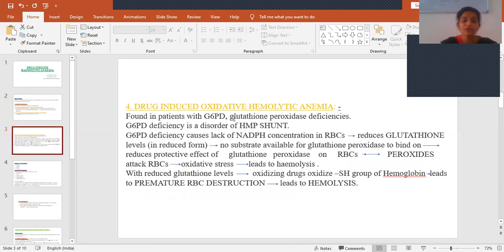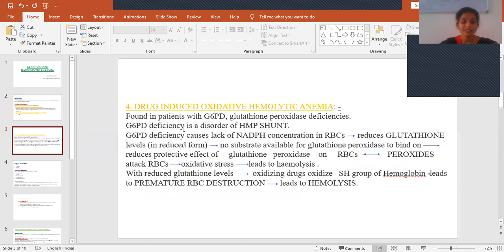And then drug-induced oxidative hemolytic anemia. Here an oxidation reaction takes place, and the products we get cause the damage or destruction of these blood cells. This is generally found in patients with G6PD deficiency and glutathione peroxidase deficiencies.